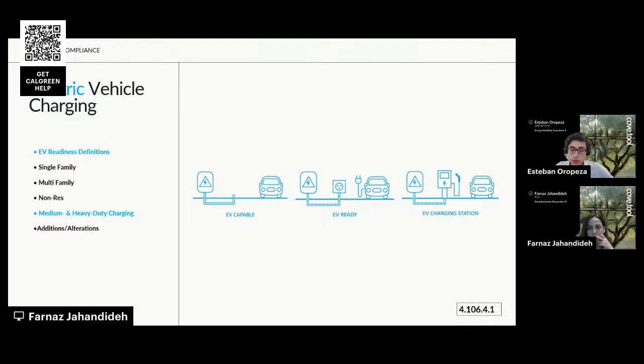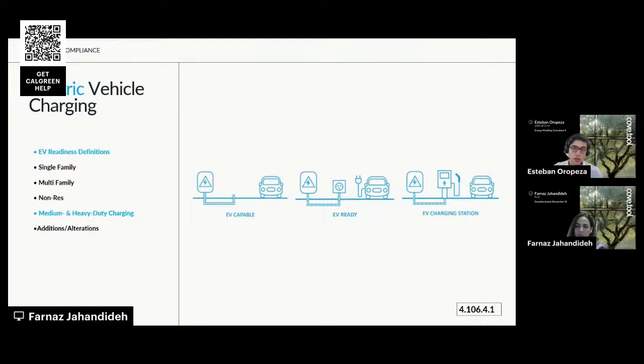Another important note is that all EV parking, regardless of the level you are implementing, needs to be labeled. If you're just going with EV capable, you should at least have all your panel boards adequately labeled, so that in the future your EV installer can easily identify the electrical provision there.